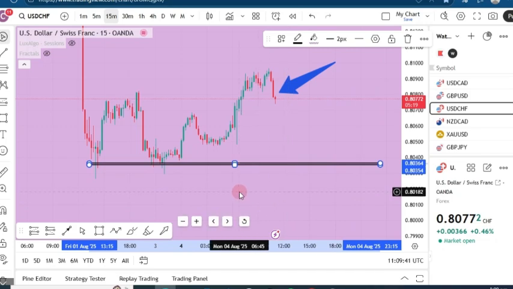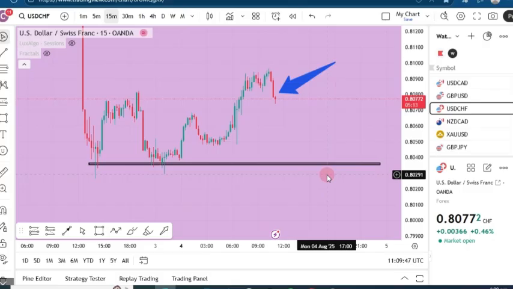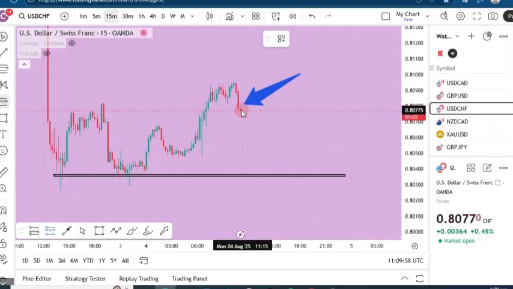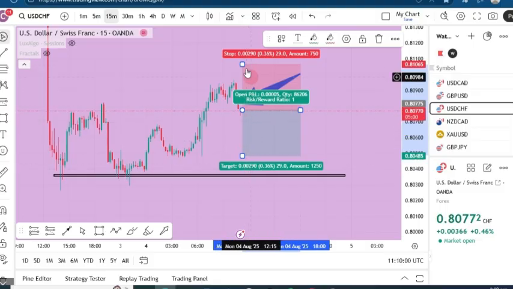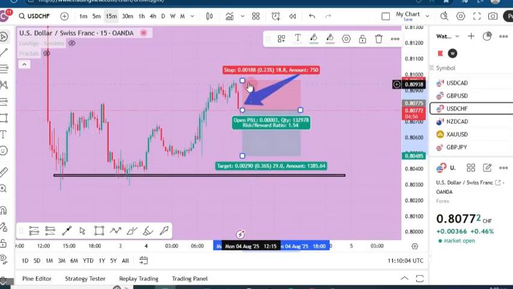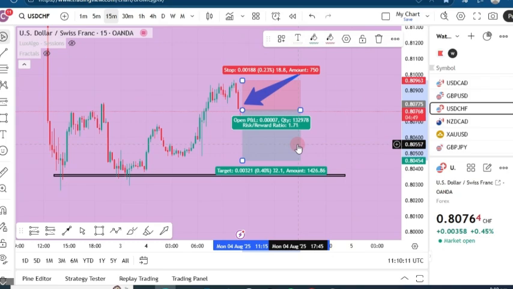Why? Because you can see the pattern. Price is consolidating around these areas, in as much as on the bigger time frame price is going up. But if I just want to be scalping for small profits here and there, I can definitely place my sell entry at this level over here, because I know price will be going down, and if I put my stop loss around this area, I know price will be going somewhere around this area over here. You can just do that if you are a scalper.